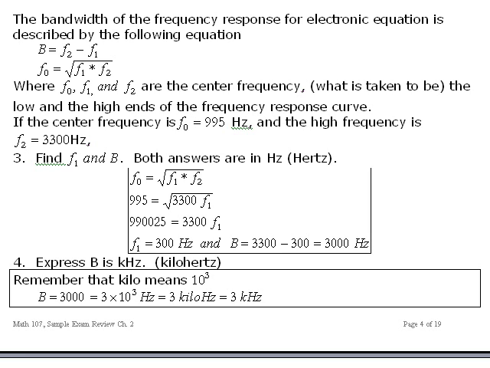This is another problem requiring reading. The math is not hard. It's just a careful reading. The bandwidth of the frequency response for electronic equipment is described by the following equation. The bandwidth is the difference between two frequencies, f2 minus f1. Maybe your bandwidth is what your radio can respond to.